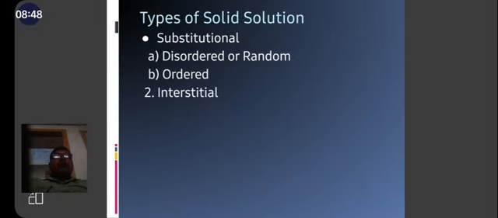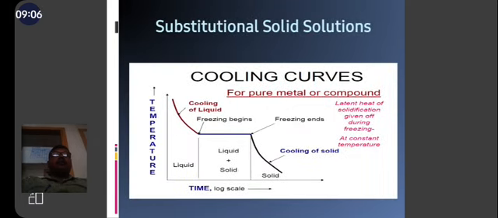The types of solid solution: substitutional solutions, which are of two types, disordered or random, and ordered. Second one is interstitial. The cooling curves for substitutional solid solutions, for pure metals or compound metals, have time on the x-axis and temperature on the y-axis.